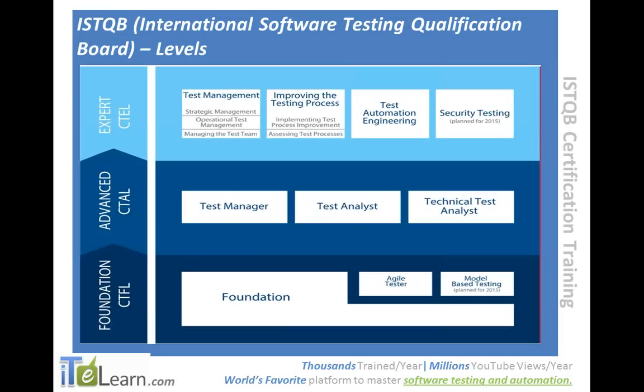So the foundation level is the major one that has been there for a long time, since the ISTQB started in 2002. But they are also coming up with other things at foundation level, like agile tester, model-based testing, and other stuff. Agile methodology has become popular in the recent past.